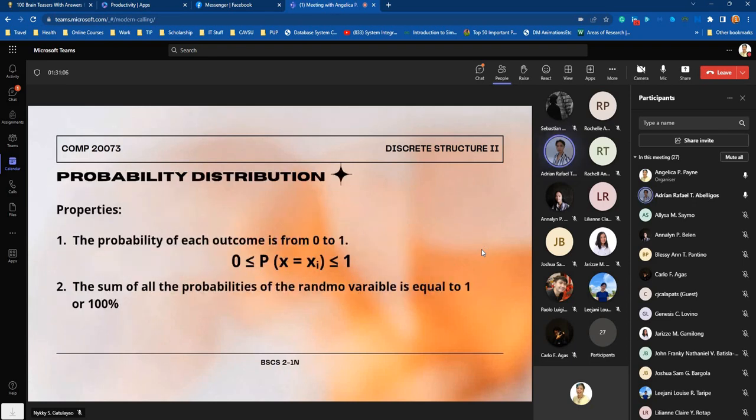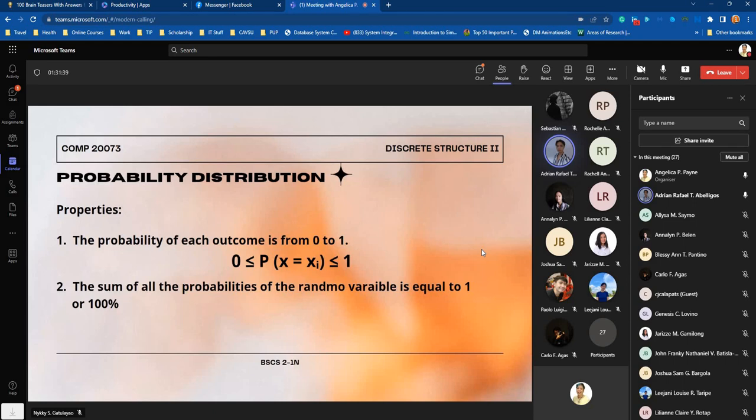So we have the following properties of a probability distribution. First is the probability of each outcome is from 0 to 1, which is the equation 0 is less than or equal to P of X equals X sub I is less than or equal to 1. So parang pinag-usapan lang natin yung regular probability ay dapat talaga ay 0 to 1.